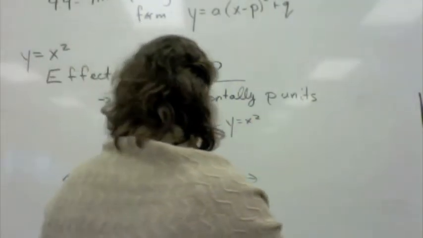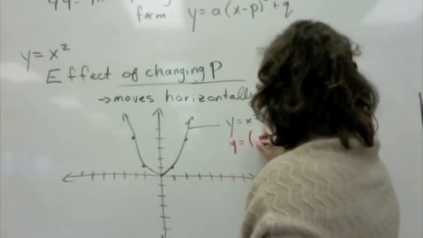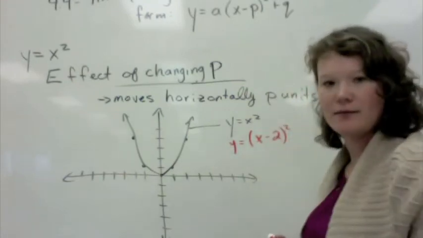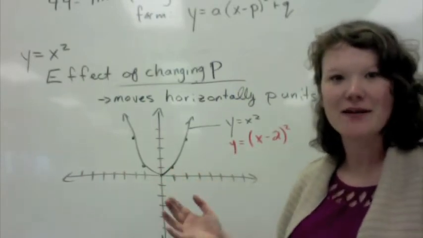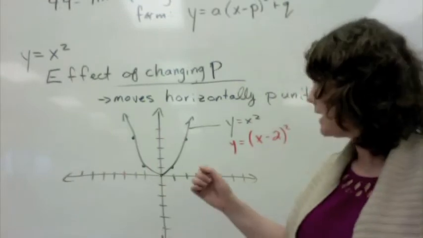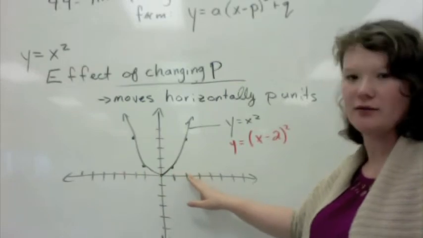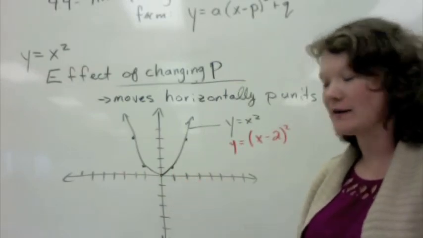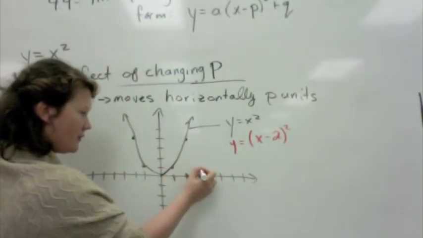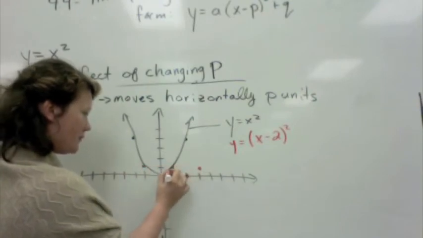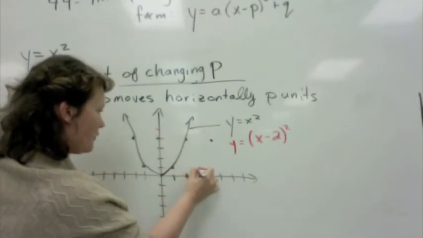What happens if I write y equals x minus 2 squared? It feels like we're moving to the left because it's negative, but the x's are opposite. It's saying that if you take the new x and add 2, we're actually moving to the right. So I'm just going to move each point to the right 2. So our new graph looks here.